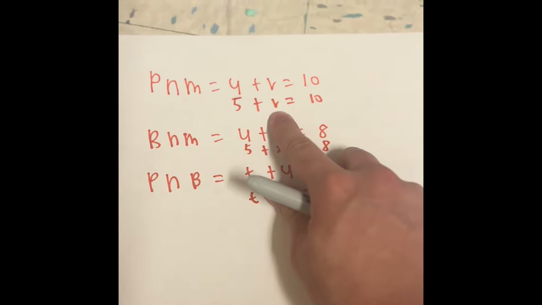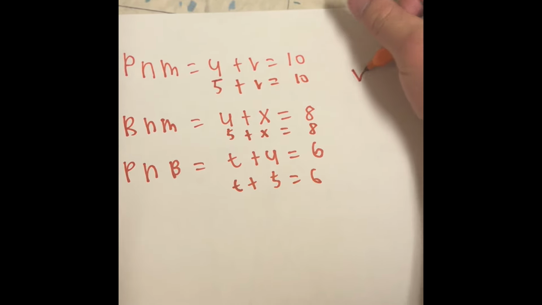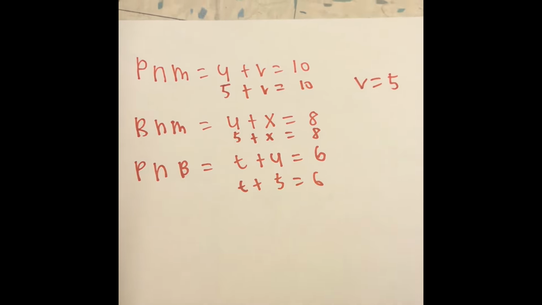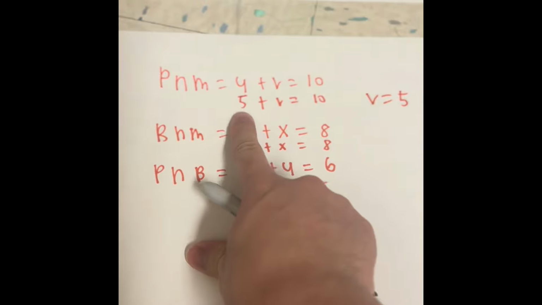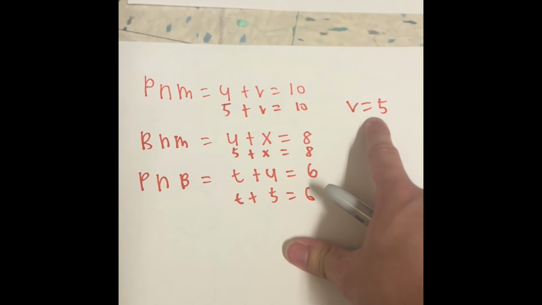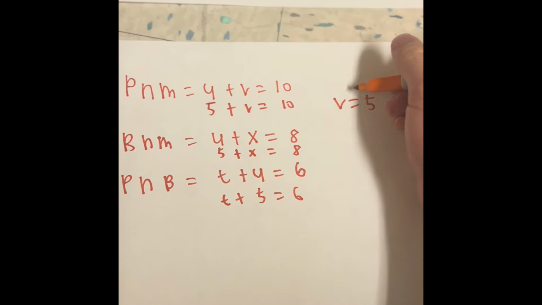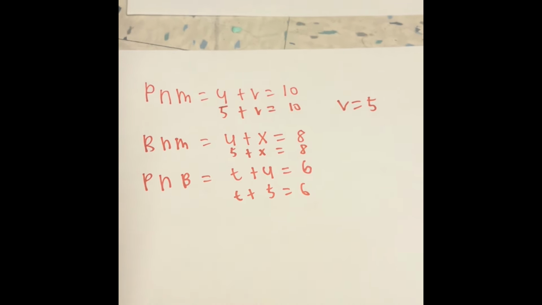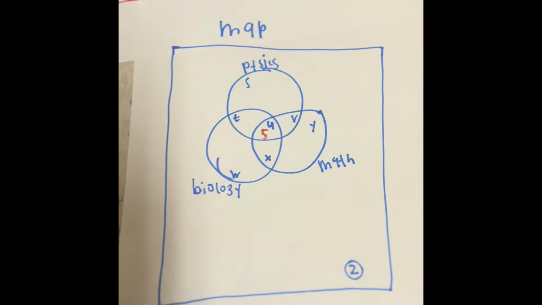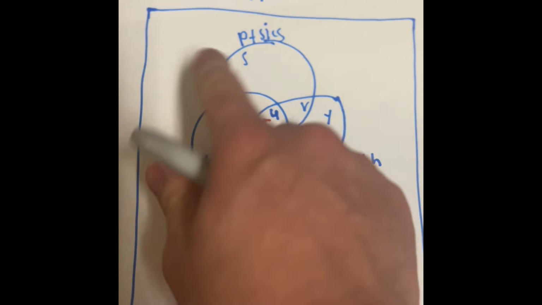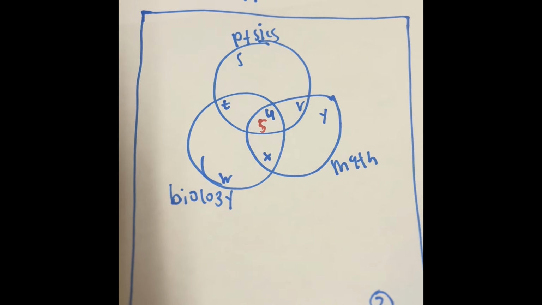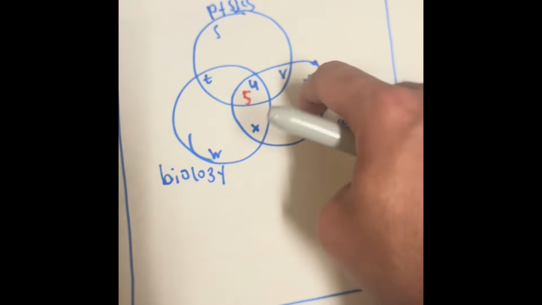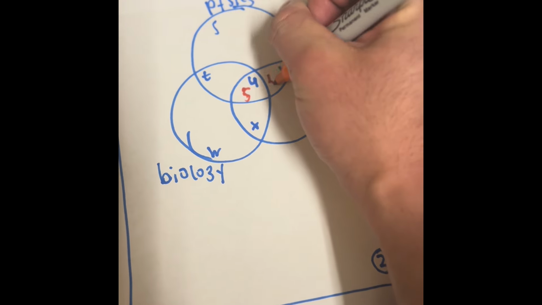What is V? V equals 5. So of the 5 that took all 3 subjects, there's only 5 of them that only took physics and math. So we're going to write in the number on the Venn diagram that for physics and math, V is going to be 5.